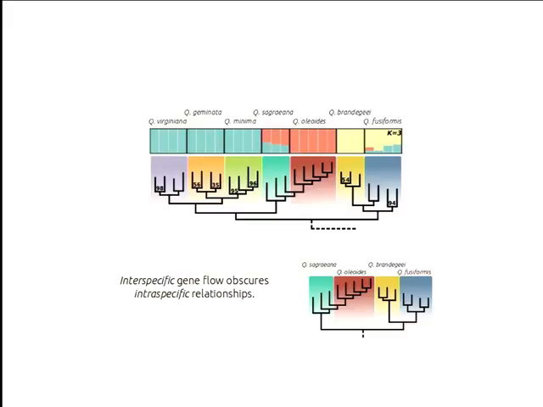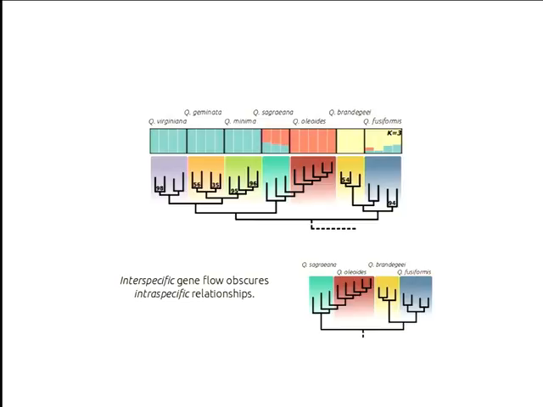I think in the end we can't really strongly support one or the other. We had better support for saying it was historically colonized, perhaps colonized Cuba from Central America, and has received constant migration from Florida. That is the model that fit best, but I wouldn't bet my life on it necessarily. Yeah.